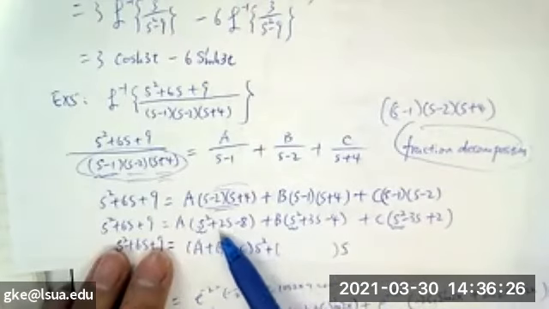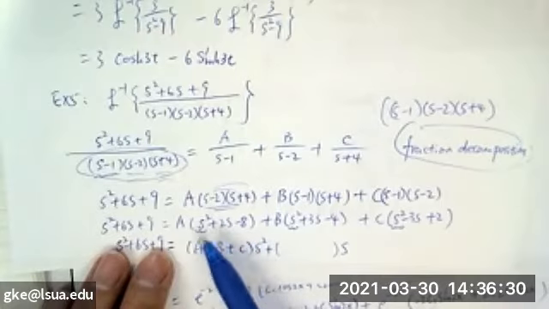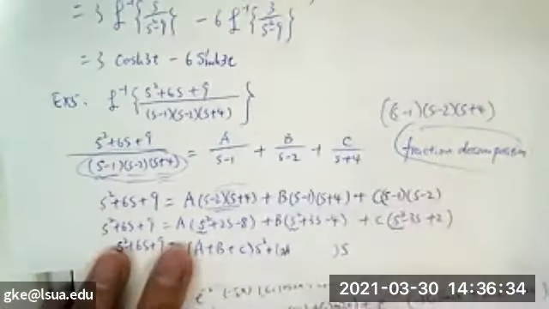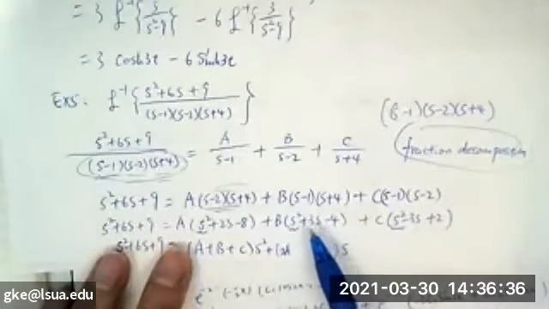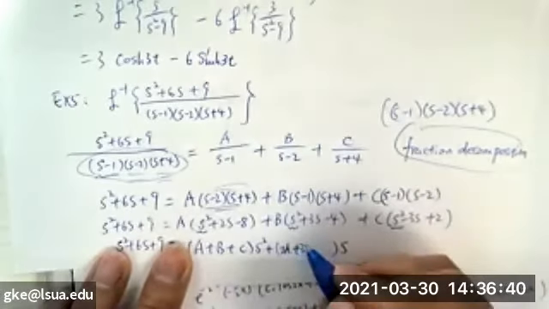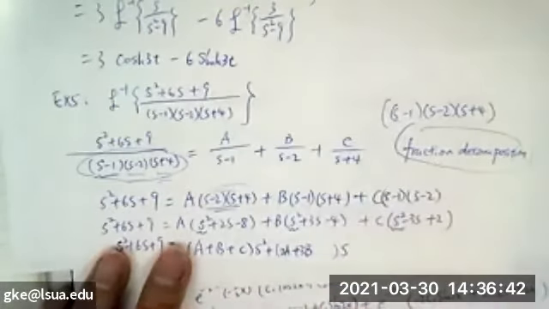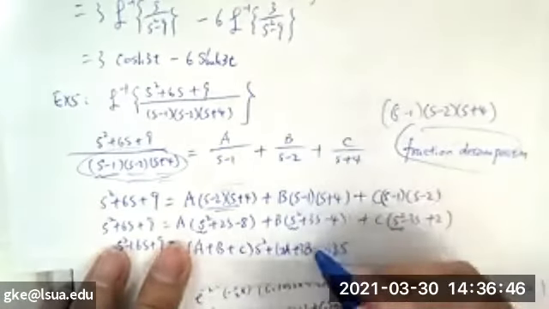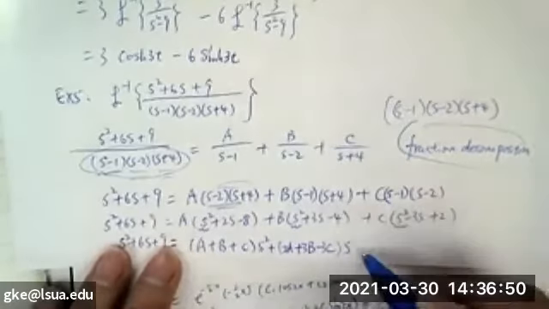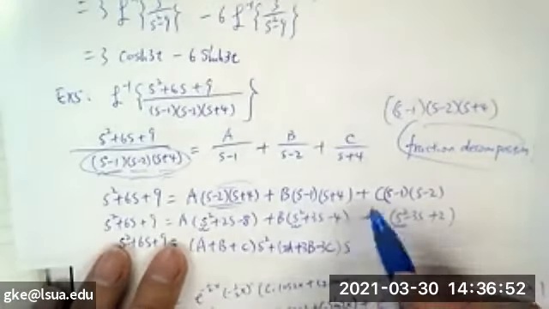Okay, so for the first term, we know the coefficient for the s should be 2 times a, 2a. And for the second term, we should say 3 times b, 3b. And the third term is -3 times c. Okay. And then the last term should be a constant.